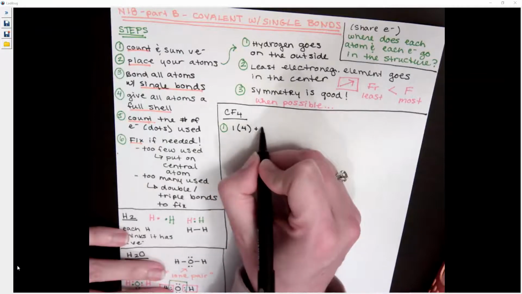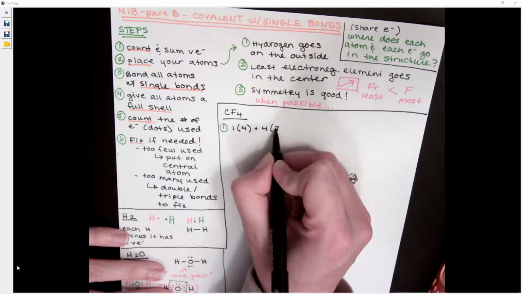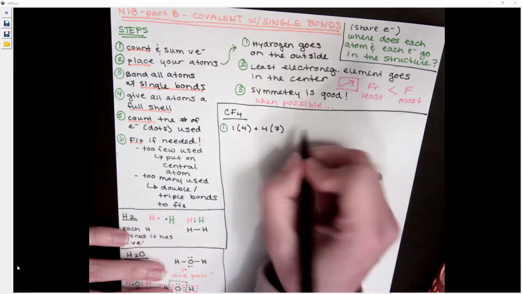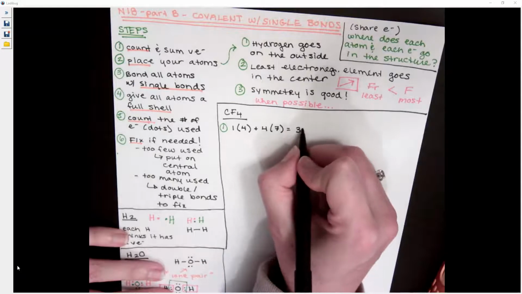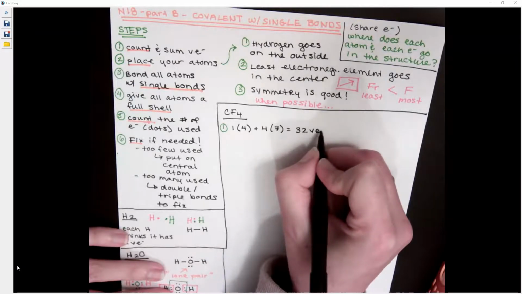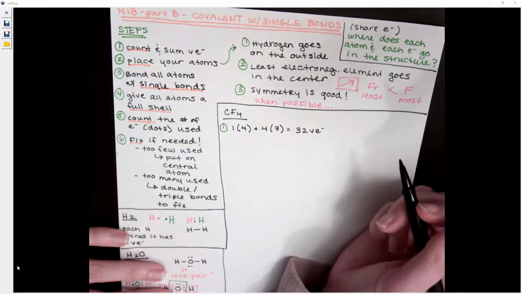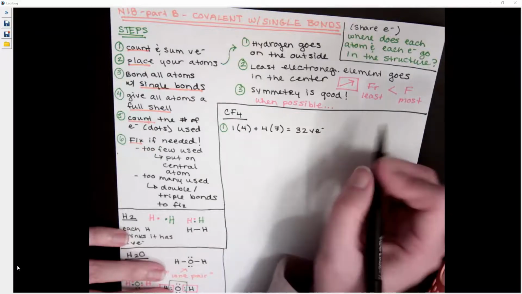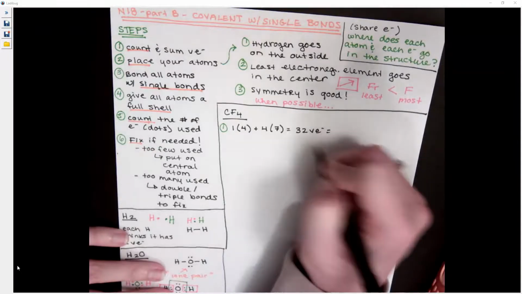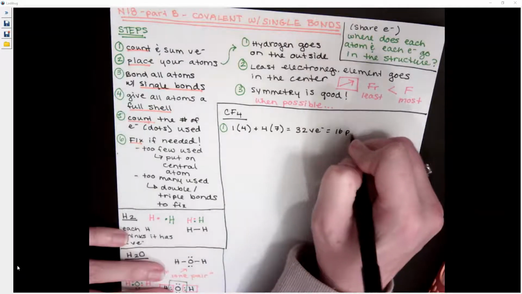I have 4 fluorines, and they each come with 7. So when I add that all together, I find out that I have 32 valence electrons. Now, one thing that I like to do is realize that these typically come in pairs, and it's a lot faster to count pairs than it is individual dots. So instead of counting 32 dots, I'm going to count 16 pairs.